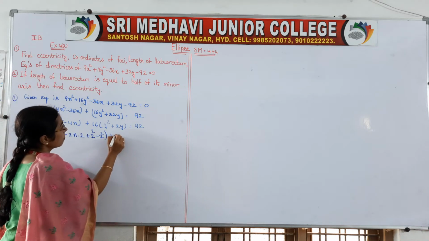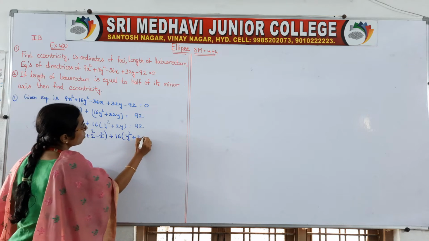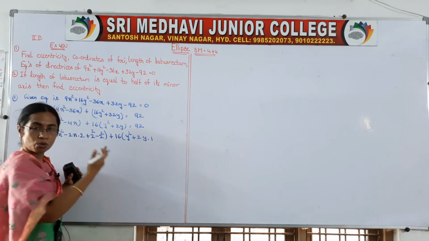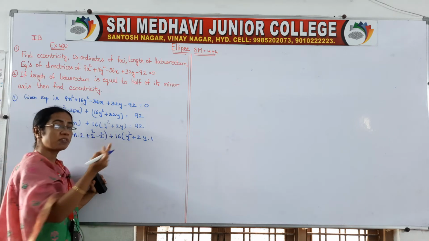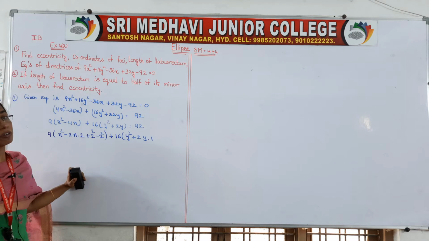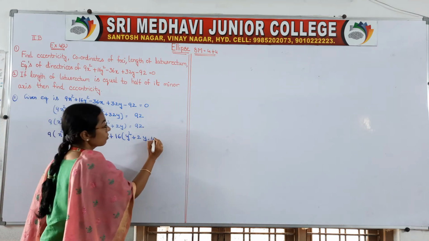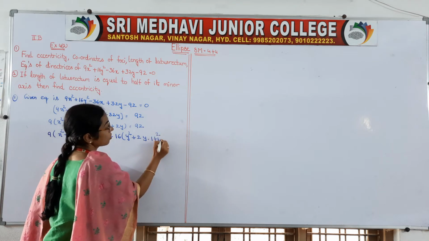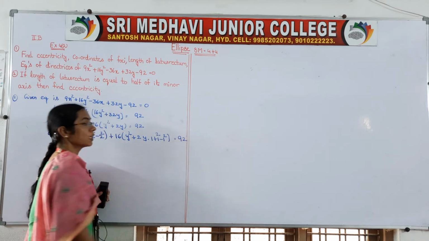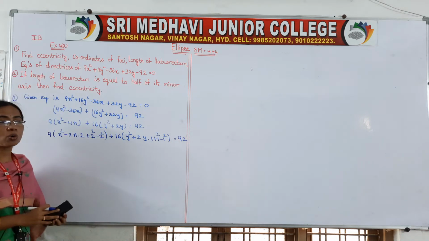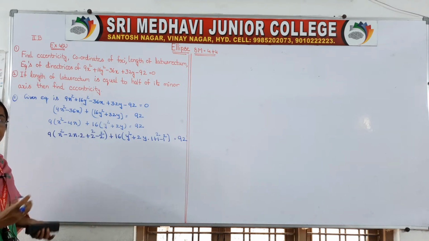Okay, similarly plus 16 into, come on, y square plus 2y. It is 2y only, right? But we have to get 2y into something. Here it is given only 2y, so how can we write 2y into 1? We need 1 square, so 1 square is added and 1 square is subtracted, is equal to 92. So slowly we are reducing the equation into our required form.